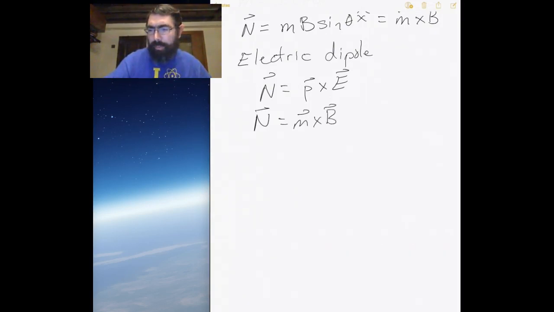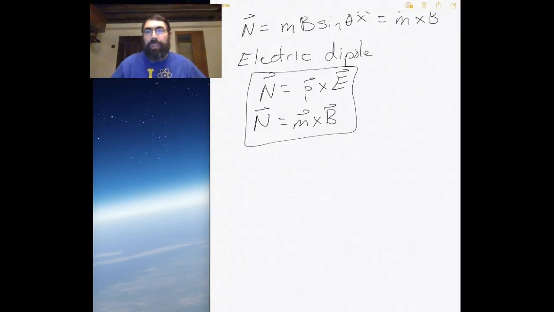You're taking a dipole moment and you're crossing it into the field, whether it's electric or magnetic. And so this is an example of paramagnetism, where we are basically rotating the wire loop until M is in the direction of B.